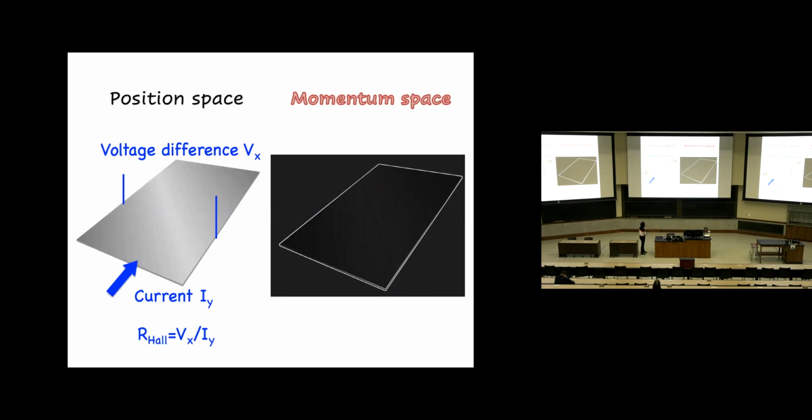It was with this sample, I'm pushing through a current in the longitudinal direction, but then I'm measuring the voltage difference in the transverse direction, and I'm looking at this ratio between the voltage drop and the current, that's the Hall resistance, right?